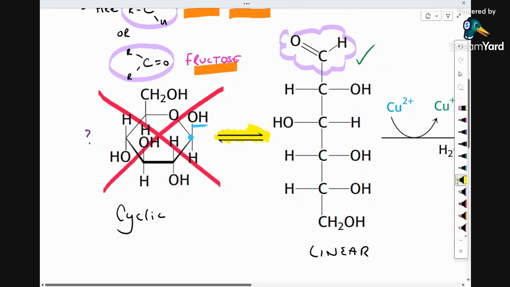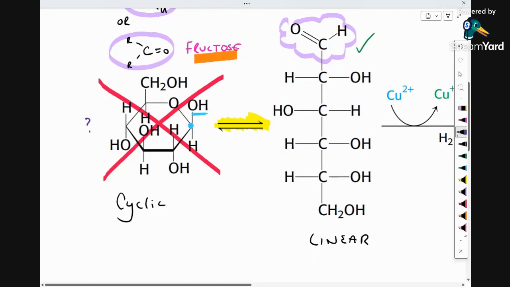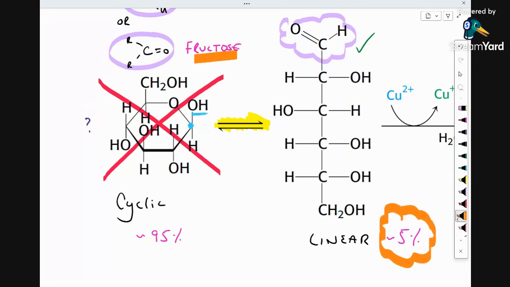And this is a poorly drawn equilibrium arrow, because actually, if you remember back to what we said last time, most of glucose is cyclic. It's around about 90 to 95%. Only about 5% is actually linear, but that's enough. That's enough to allow a solution of glucose to act as a reducing agent, to reduce some other compound.